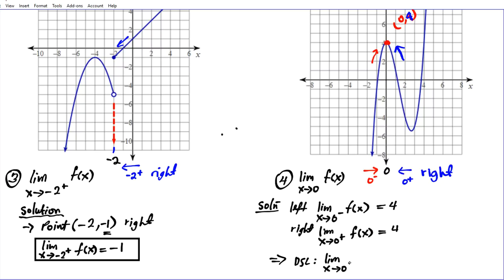This basically has an invisible plus or minus here, but customarily we don't put it. It's just implied that if there is no direction, it's a double-sided limit. So the double-sided limit is equal to 4. What this basically means is that if you're getting arbitrarily close to 0 from both sides, the function is approaching the value of 4.